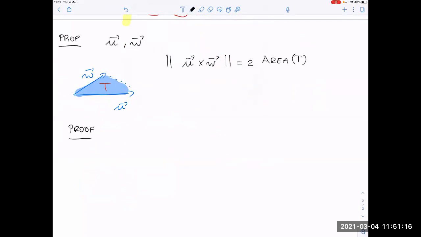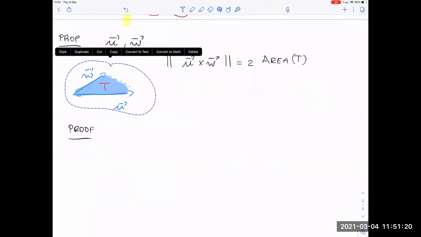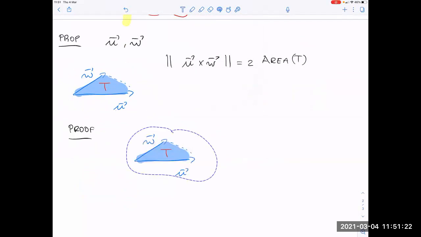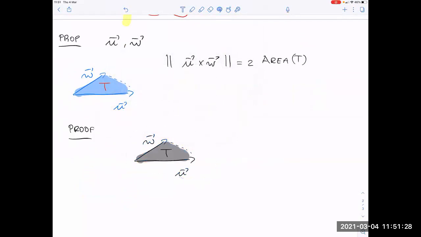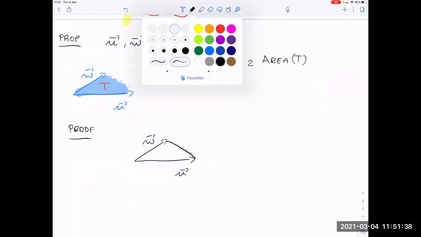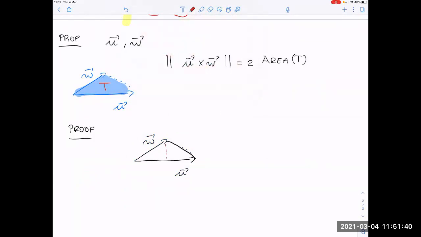Well, what is happening here? You have your triangle. Let's see what we can do with this triangle. If I want the area of the triangle that I see here, what I need is to multiply height by base.